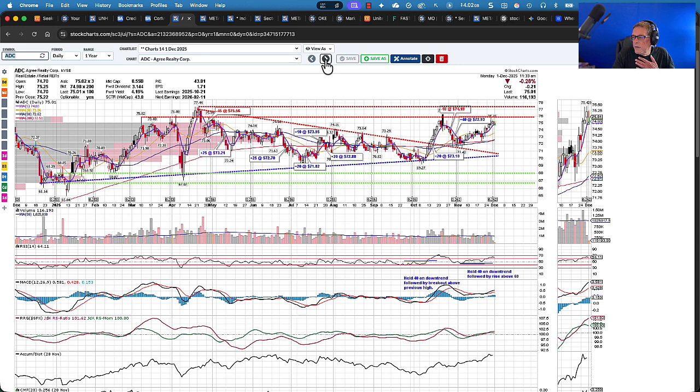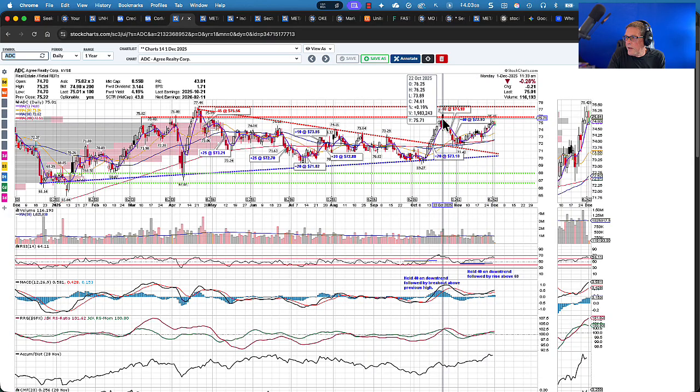The next chart is Realty, and you can see the trades that I've made. I've added some shares and sold a few shares. I've added a resistance line at this high from the 22nd of April, this high from about March the 10th. It is getting back up close to that resistance line.